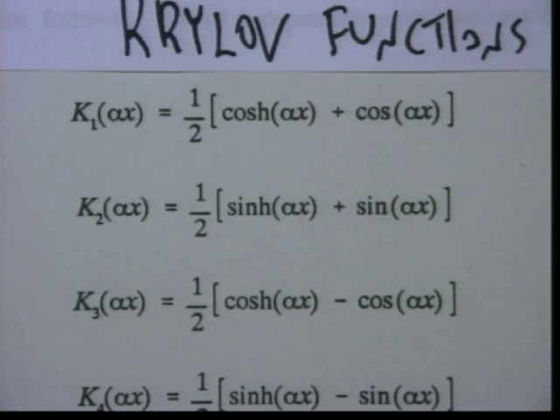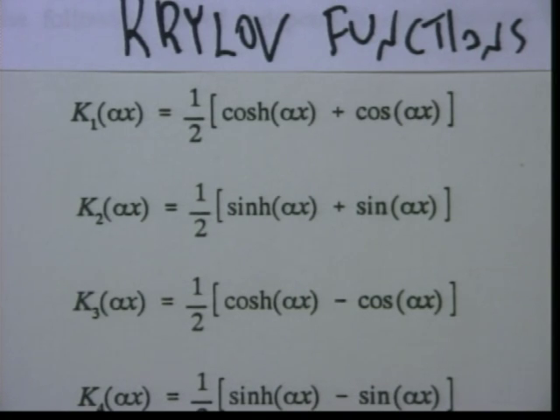Someone from Russia by the name Krylov, an ocean engineer, introduced these functions many years ago, but in the 20th century. He said that these functions are most convenient for beam vibrations, not any other functions. Now, these functions have a very nice characteristic. Pay attention to what kind of characteristics they have.